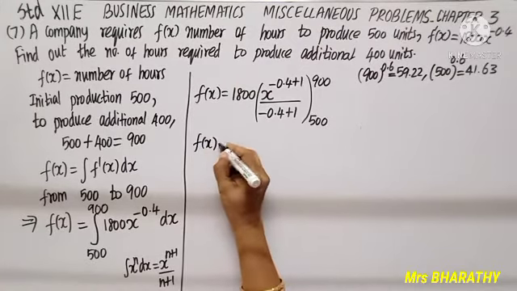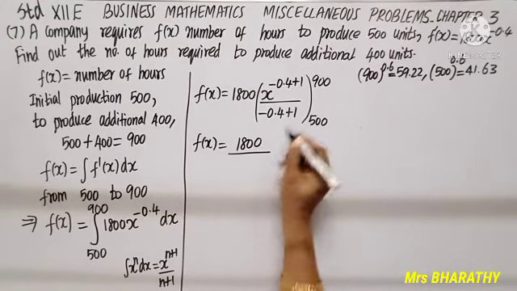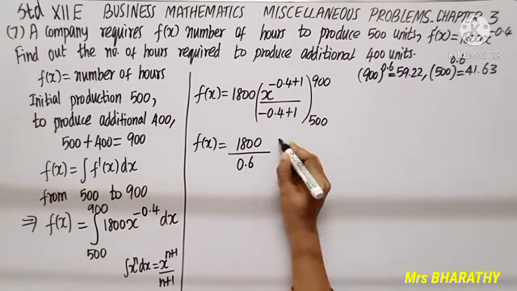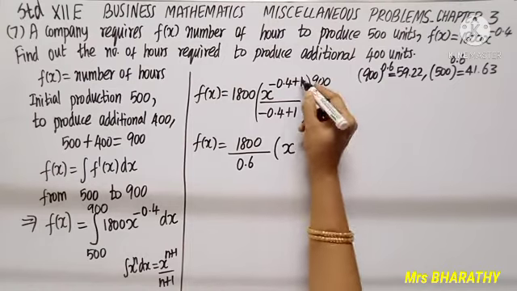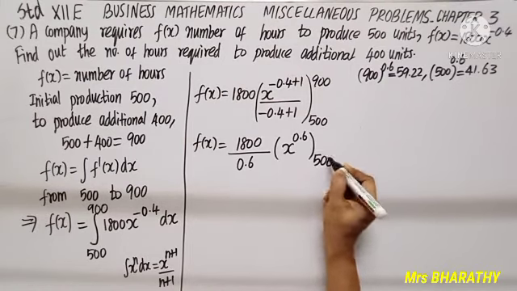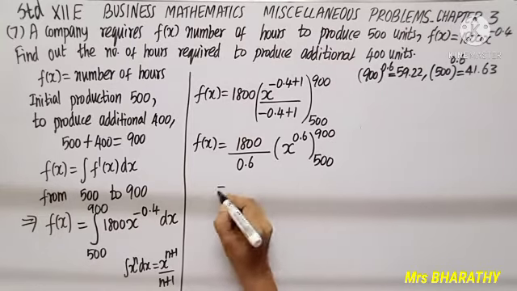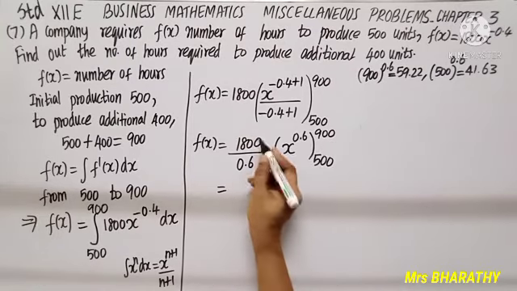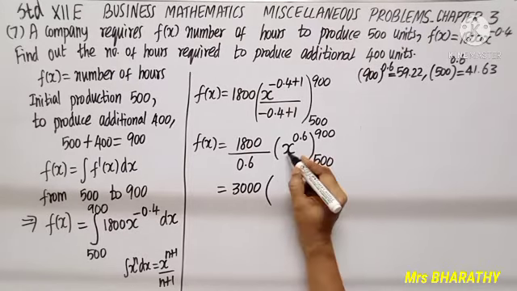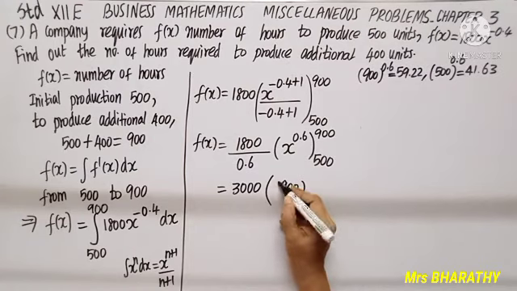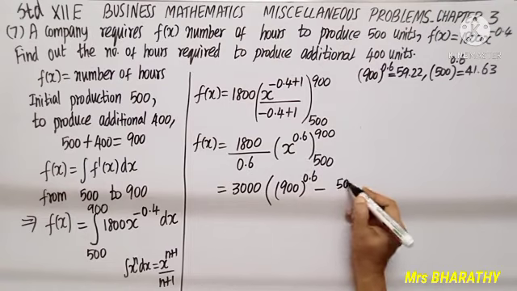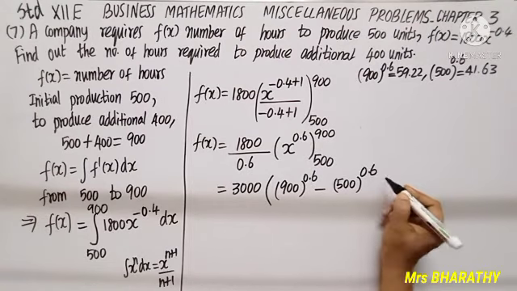F of x equals 1800 divided by 1 minus 0.4 is 0.6, x power 1 minus 0.4 is 0.6 between the limits 500 and 900. As we use calculator and cancel, this gives rise to 3000, upper limit 900 power 0.6 minus lower limit 500 power 0.6.